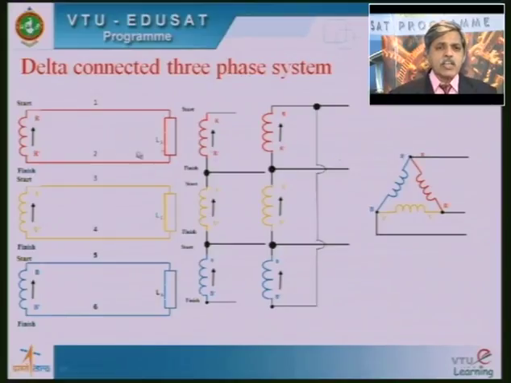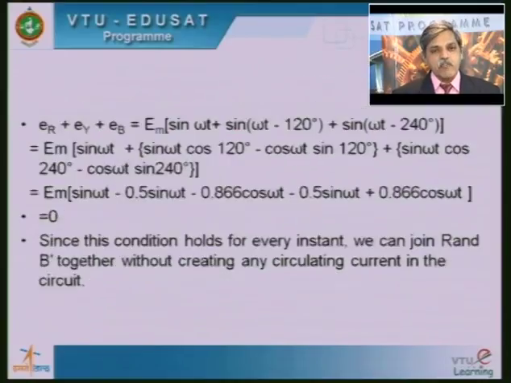In a star connected system, the voltage between the terminals of a phase and between the lines is different. Similarly, in the delta connection, the current in a phase and the current coming out of the junction are different. Because of that, I need to find out the relationship between the voltages and currents in the three-phase system.